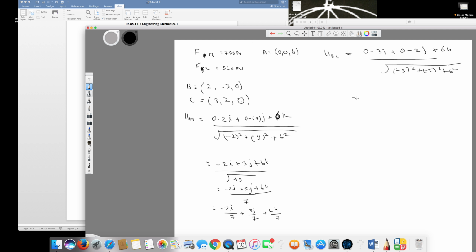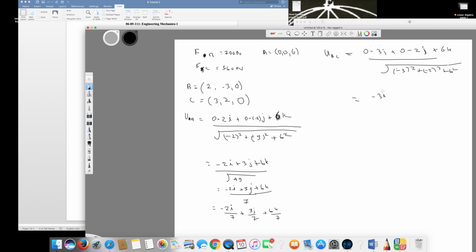So which is going to give me what? Minus 3 square is 9, plus 4, plus 6 square is 36. So 13 plus 36 is going to be 49. Square root of 49 is 7.